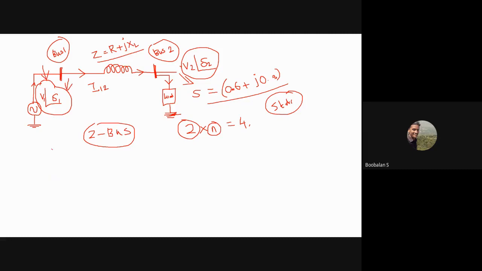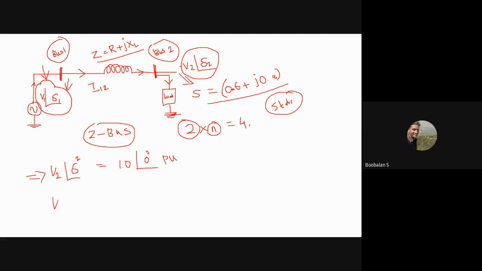Let us assume V2 with its angle is given: in per unit, V2 will be 1.0 and delta 2 will be 0 degree. So this is the first case we assume.